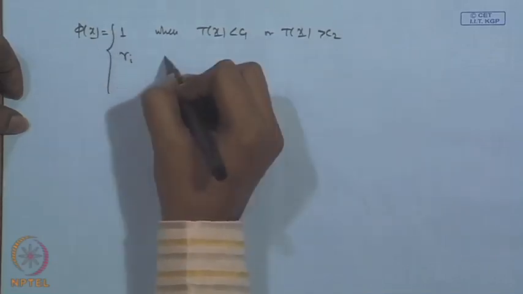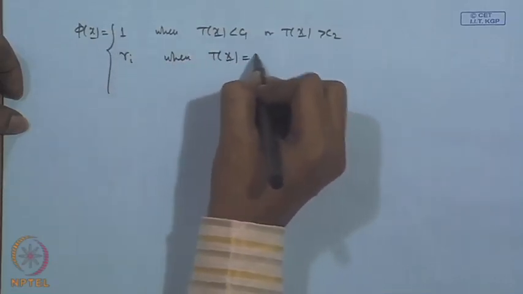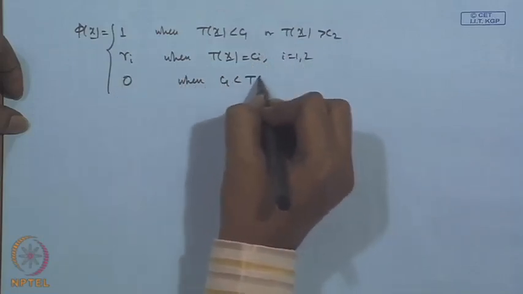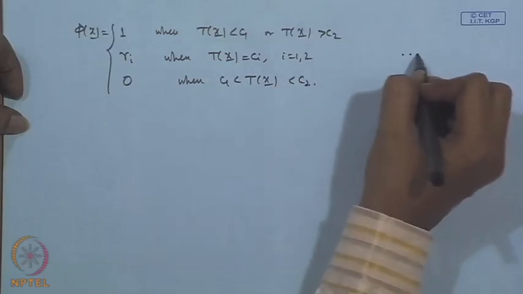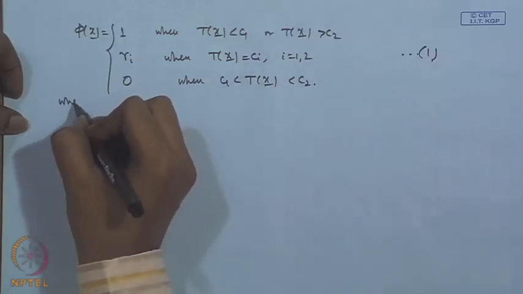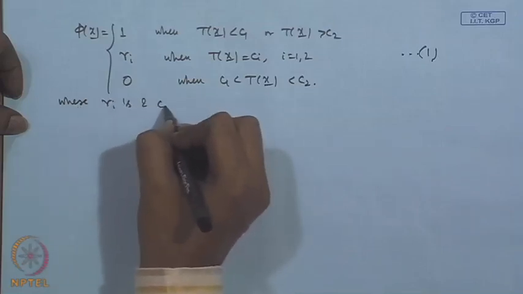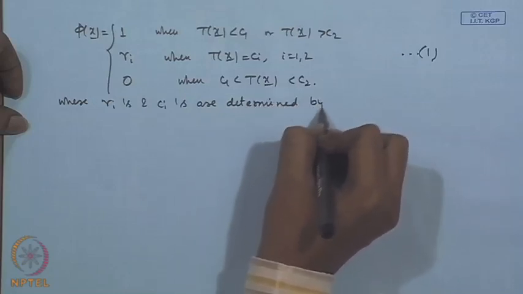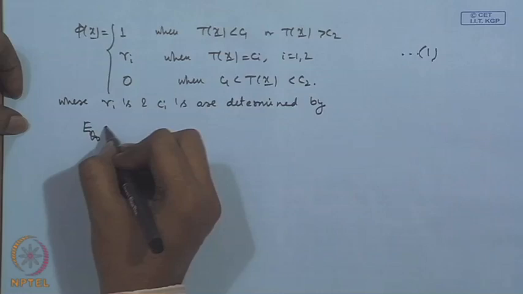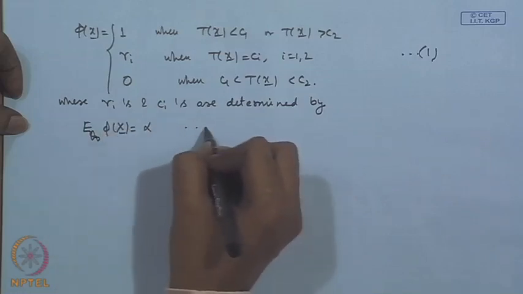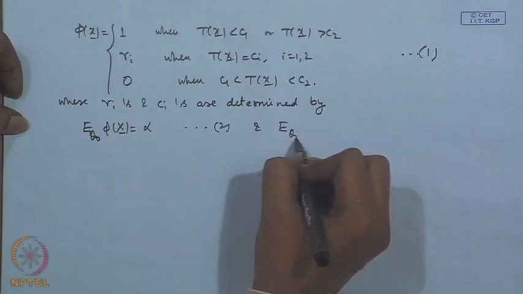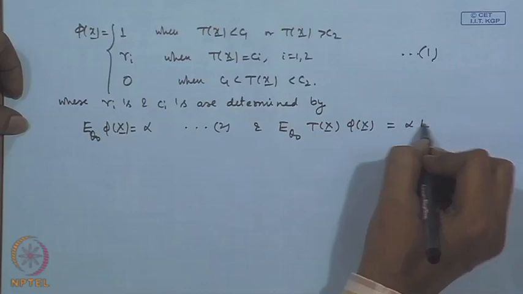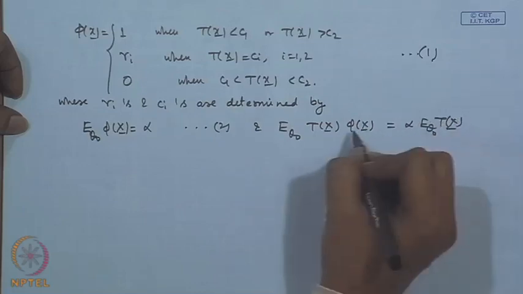It is equal to gamma i when T x is equal to c i, i is equal to 1, 2. It is equal to 0 when c 1 is less than T x is less than c 2, where gamma i's and c i's are determined by expectation of theta naught phi x is equal to alpha and expectation of theta naught T x phi x is equal to alpha times expectation of theta naught T x.